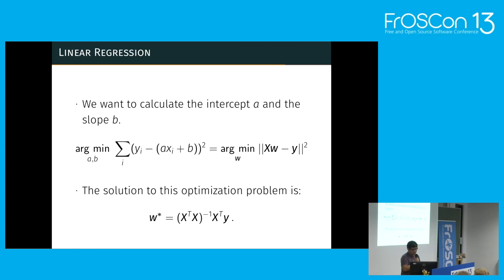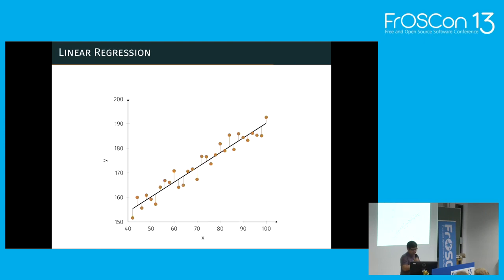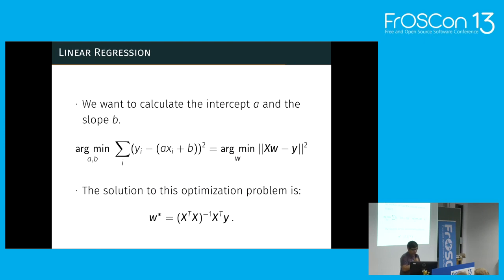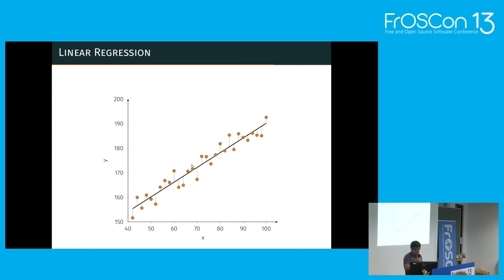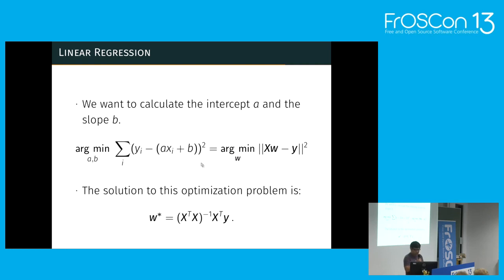Yeah, so let's go for the idea of linear regression. The idea is to draw some line which is able to minimize the distance between these points and the line.